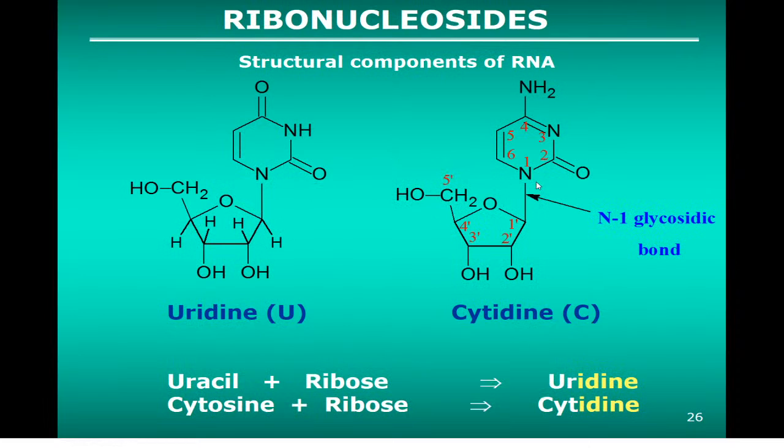Now, when the nitrogenous base combines with the sugar, let us start with the RNA structural unit. What happens there? In disaccharides and polysaccharides, there already was a glycosidic bond.